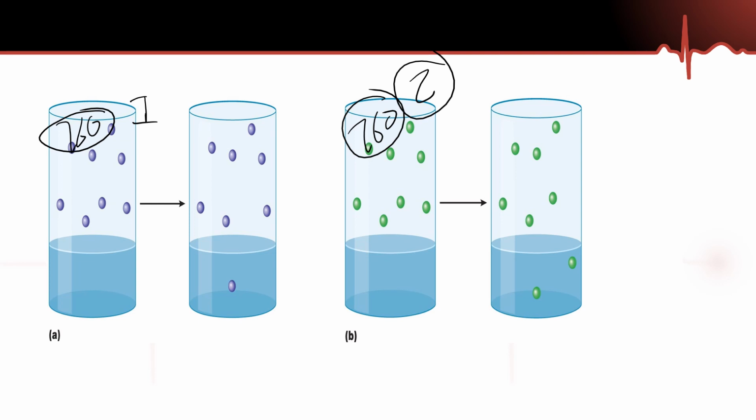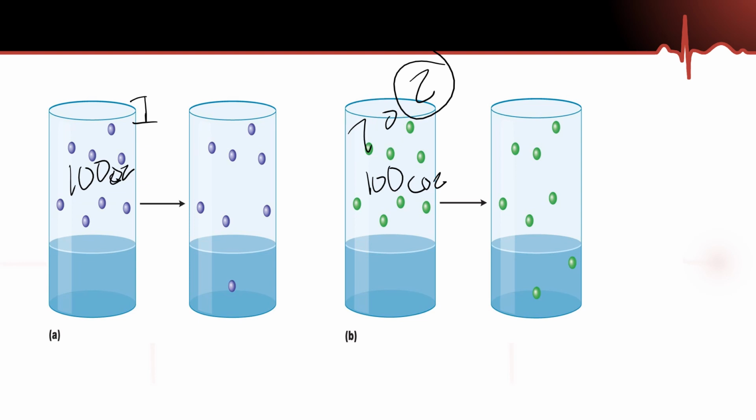So in cylinder number 1, 13.5% of the air was made up of oxygen, so the partial pressure of oxygen within the air, O2, was 100. And in cylinder number 2, 13.5% of the air was made up of carbon dioxide. So, by consequence, the partial pressure of carbon dioxide within cylinder number 2 was 100. Right?